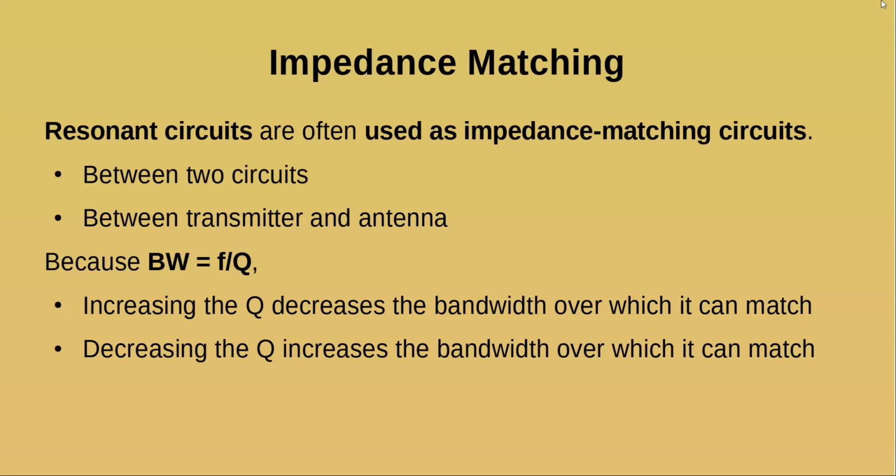So that's why it shows up here. The bandwidth is again frequency divided by Q. If you increase the Q, you decrease the bandwidth that it can match over. Likewise, if you decrease it, it increases the bandwidth. If you had a Q of essentially 0, you'd have great bandwidth, but all loss. You're like a dummy load.